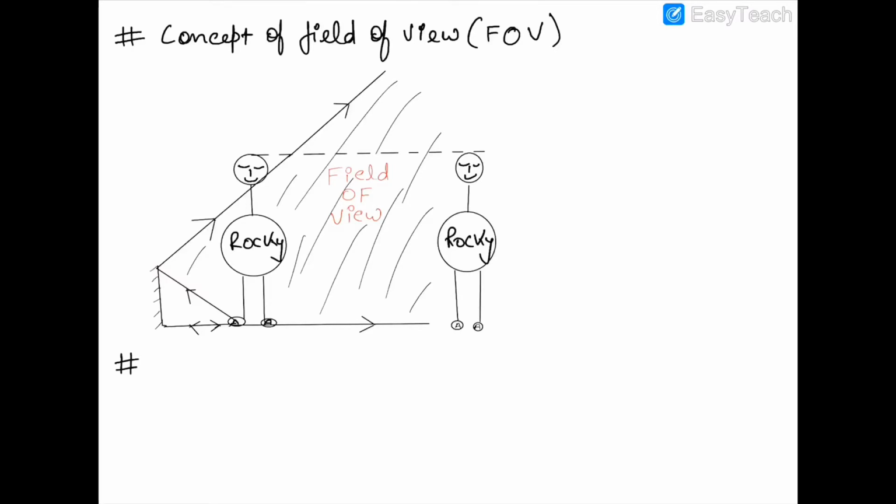One incident ray is coming like this, and this incident ray is incident normally on the mirror, so it will go back on its same path. It will rebound on the same path.